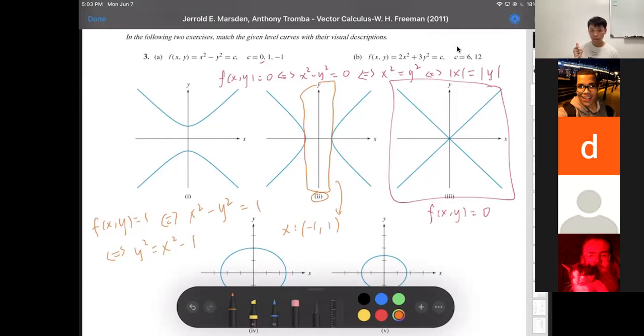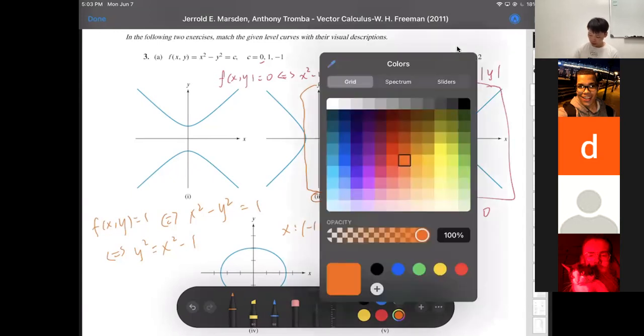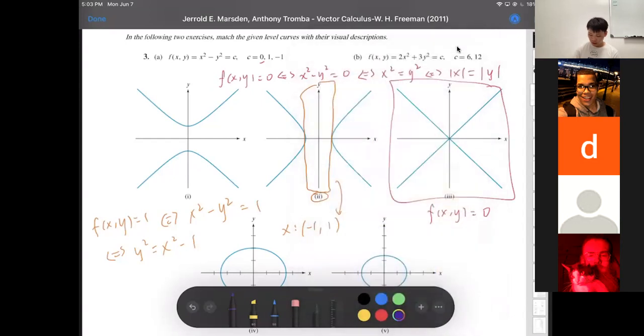So far, so good. Same thing when you look at the level curve for f equals -1. This is the same as saying y squared equals x squared plus 1.